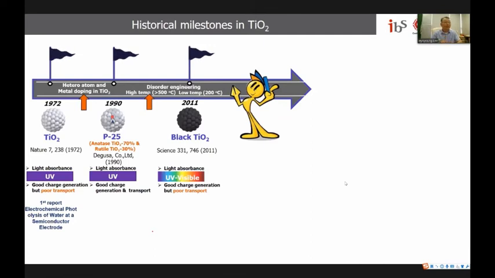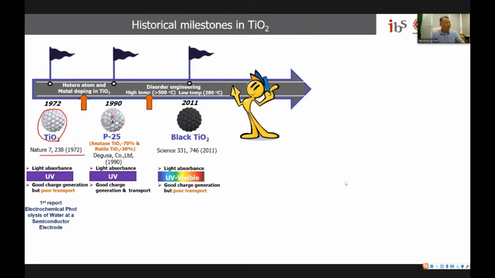This shows the milestones in the development of TiO2. The first application was reported in Nature about 50 years ago, showing that this semiconductor material, using UV light, can produce hydrogen by splitting water.